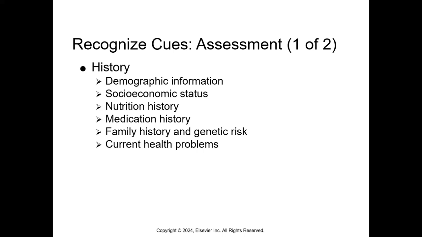So another factor we have to watch out for is family history of kidney issues and family history of hypertension. So if a patient has a sudden onset of hypertension and they're over the age of 50, then it's possible that it's kidney disease.